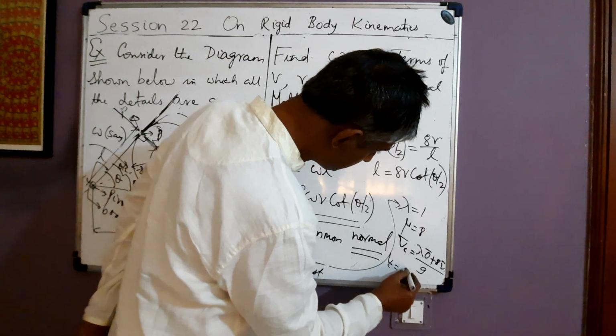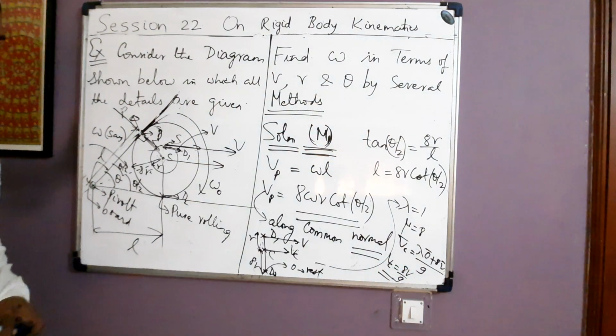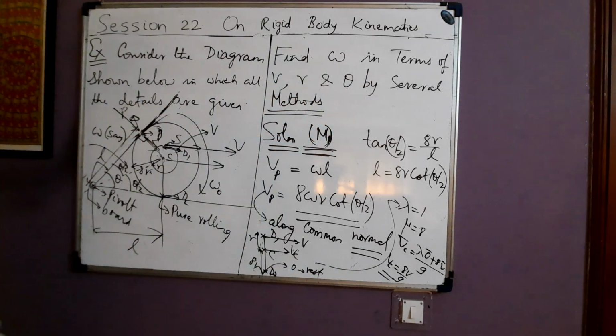So Vc becomes 8V by 9. This we have found.